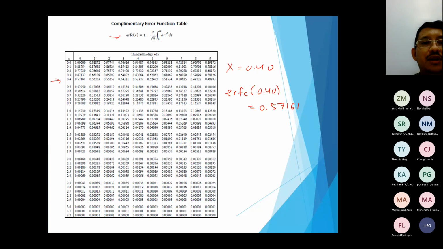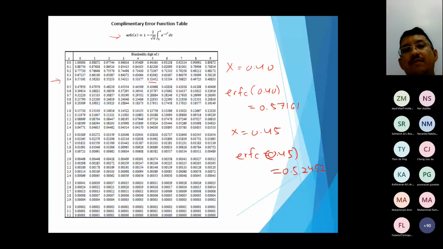And as another example, if X is equal to 0.45, then the complementary error function ERFC of 0.45 is equal to 0.5245252. So this is how we read the table. We know X, and then we can find the answer of the complementary error function.